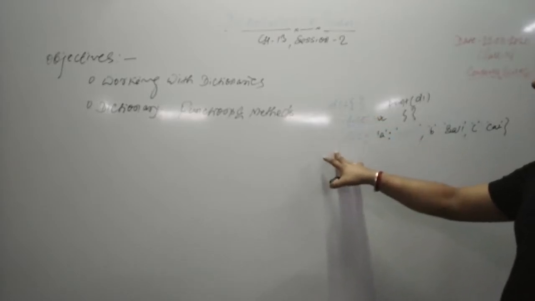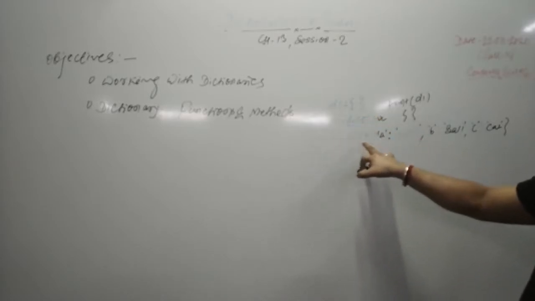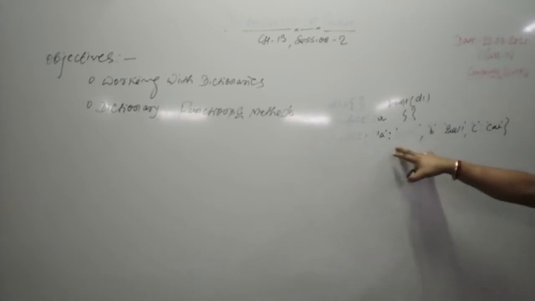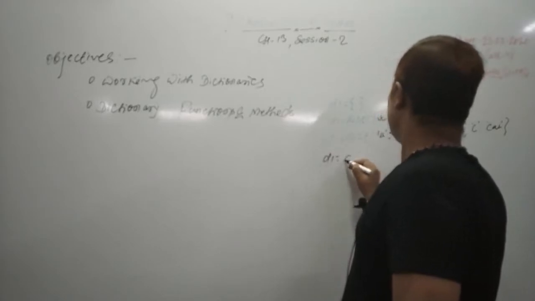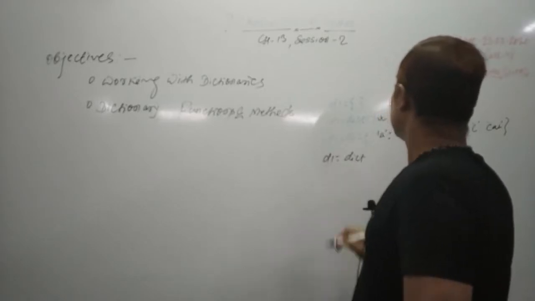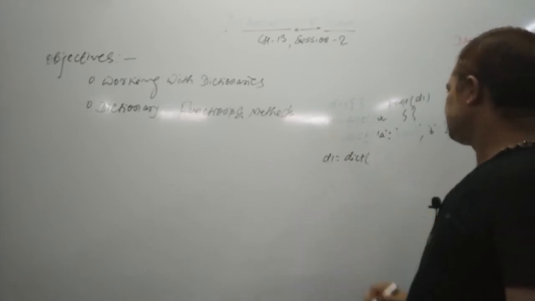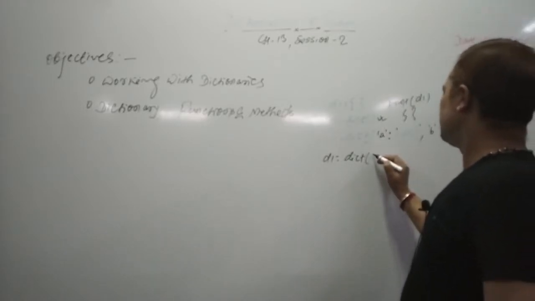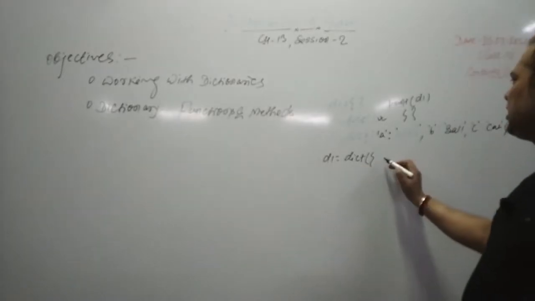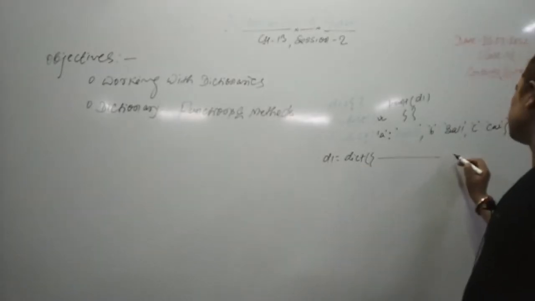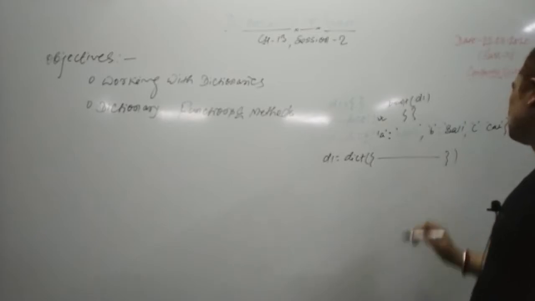A dictionary can be created and initialized like D1 equal to dict, and then you pass the elements. That's the third way. The fourth way: D1 equal to dict as a method, and inside it you pass curly braces inside the bracket with a short dictionary, then close the curly braces and the bracket.